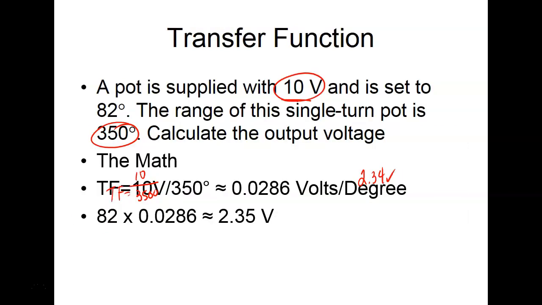The problem we have with most pots is we have to be really careful with what we load them with. Normally we want the thing it's feeding to be a really high R. With a multimeter we have no problem, because does anybody know the resistance of their multimeter?